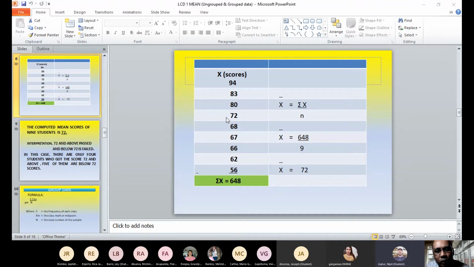Di ba? If the parents did not graduate from high school, only up to elementary, and then the highest is high school or college level. So, you are the one to dichotomize into two. You can say that one of your categories is the elementary and the high school level.